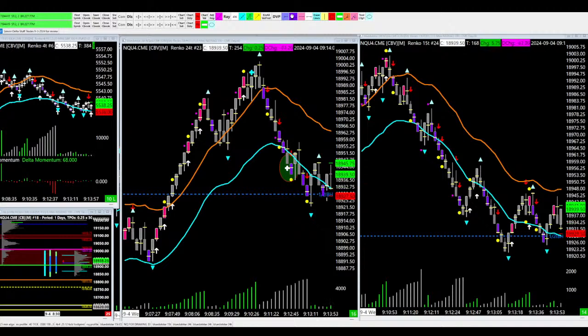Illiquid. I can just tell you from looking at the dome. Illiquid. It's jumping 20 points at a shot.